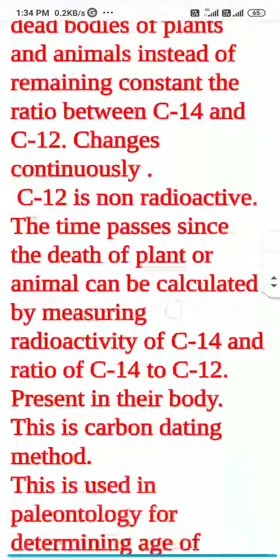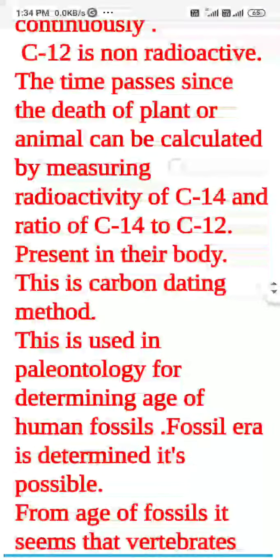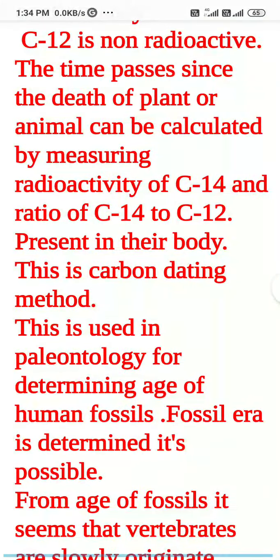Carbon-12 is non-radioactive. The time that has passed since the death of a plant or animal can be calculated by measuring the radioactivity of carbon-14 and the ratio of carbon-14 to carbon-12 present in the body.